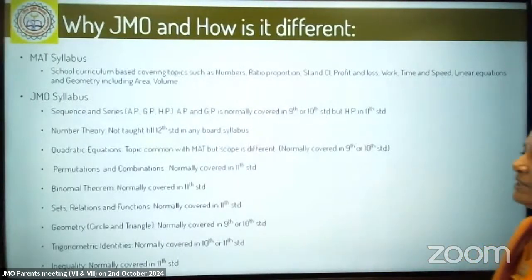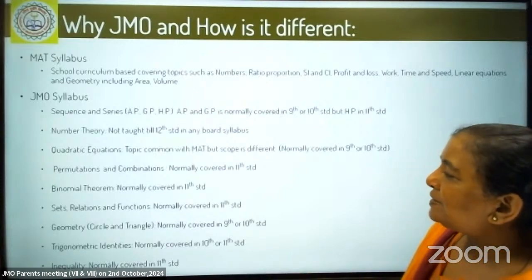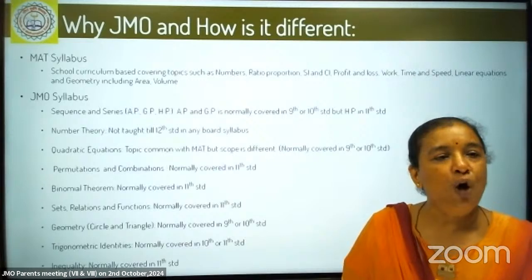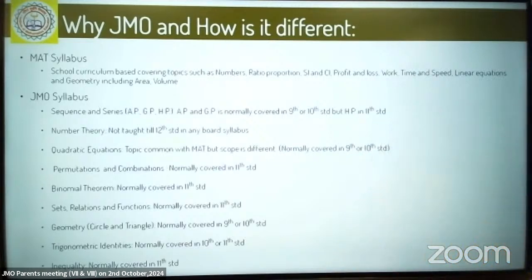Then permutations and combinations, binomial theorem, sets relation and functions. These 3 topics are normally part of the 11th standard syllabus, which we are covering now. Then geometry, we cover circle and triangle, which is covered in school curriculum, but in higher standards.